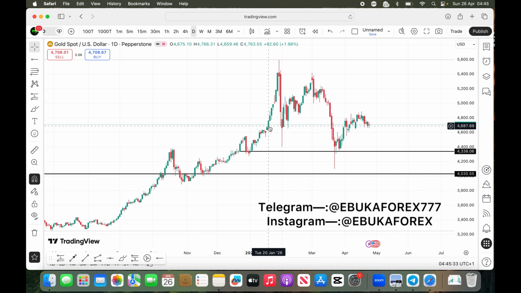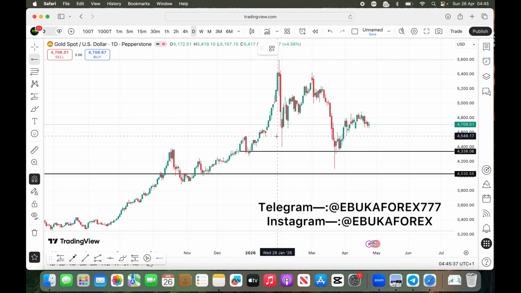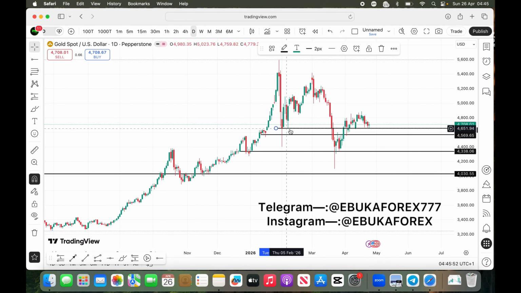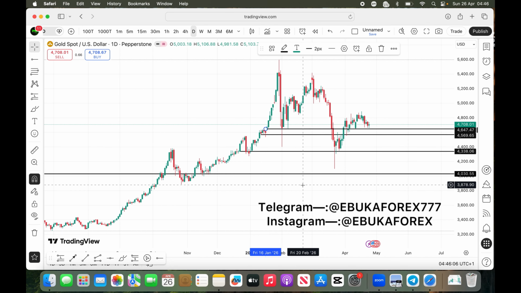So just like I said, you only focus on the major key levels on the chart. So over here, this was the previous weekly low, and we have this previous major low here also. And mind you, we are still on the daily time frame. So why we are marking these key levels is for us to have a clear view of what is going to happen in the market during the week.